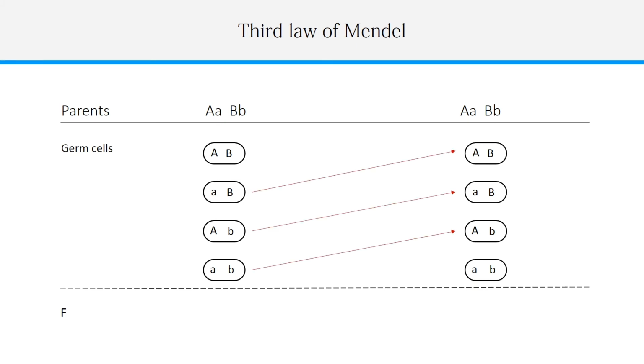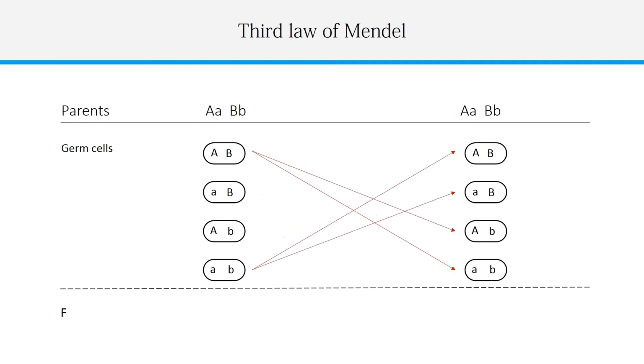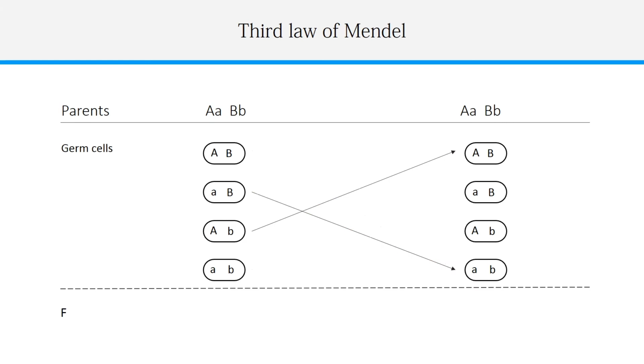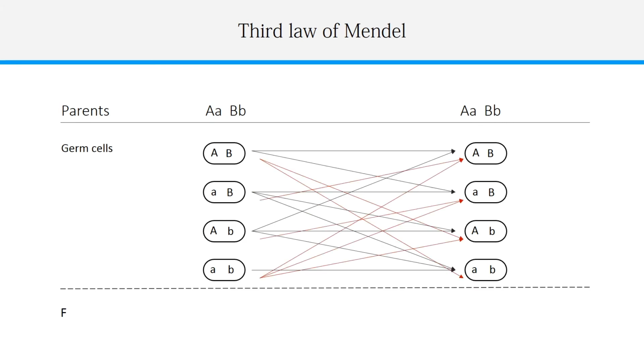These combinations are also possible, and this, and this, and even this. So if we summarize all these possibilities for combinations of different germ cells together, we will have such variants of genotype in the next generation organisms.